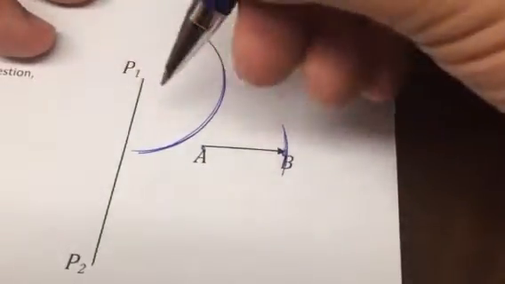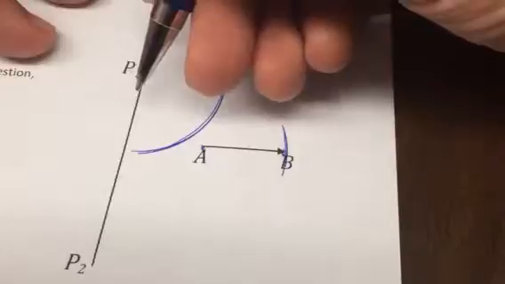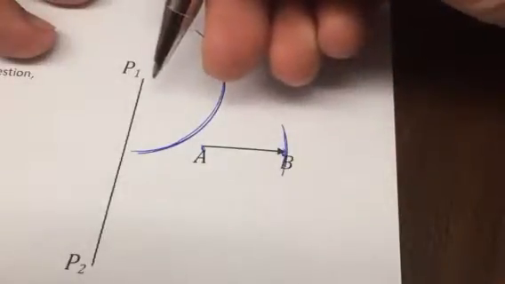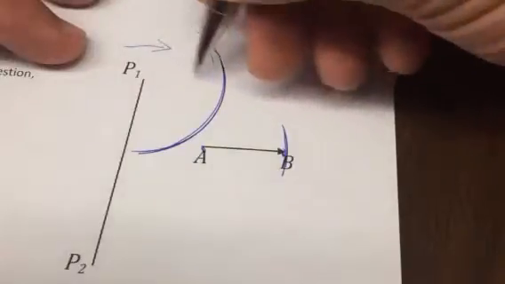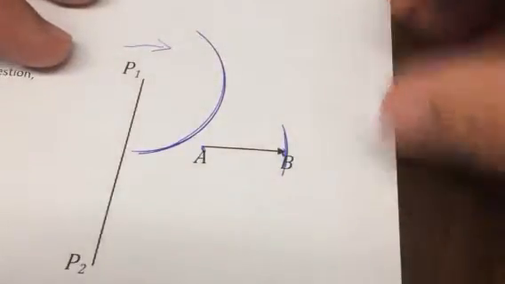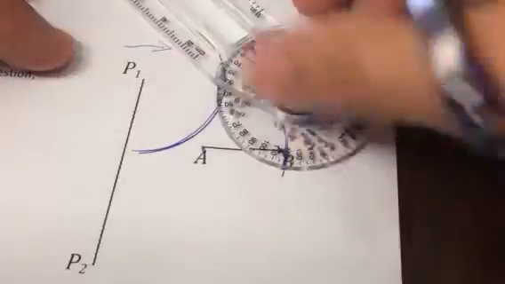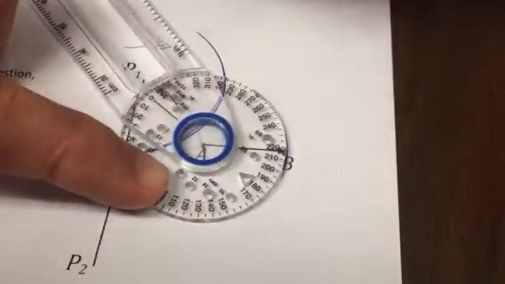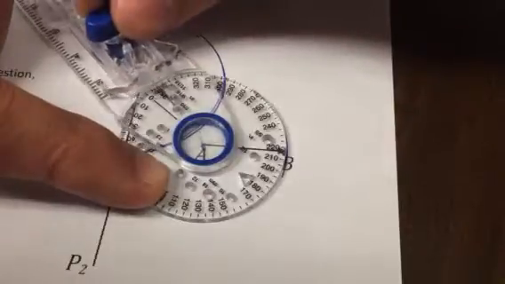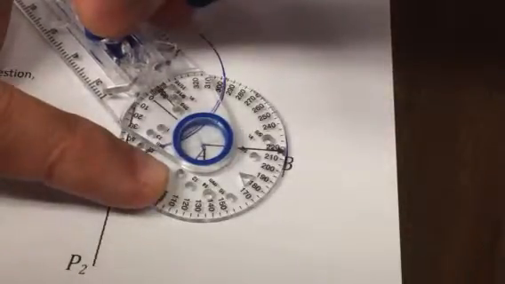And I'm not drawing the full circle because I know that my line is going this way, so I just need this part of the circle because my line is going to go that way. So I just need this part. All right. Now, from here, I'm going to line up my A. So put it in the center and line it up with my P1, just like so.